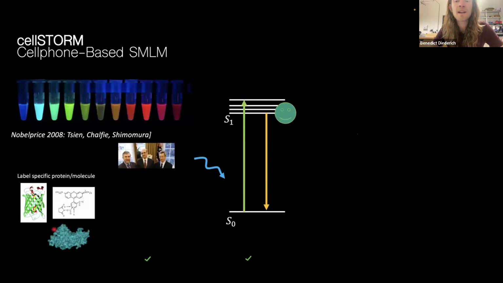And then when it's relaxing, which is usually very, very fast, it's emitting a photon. The difference in the energy is causing a slight shift in the wavelength. So you, for example, illuminate with blue or UV, which is very low in the wavelength spectrum, and then you emit a photon that's towards the green.